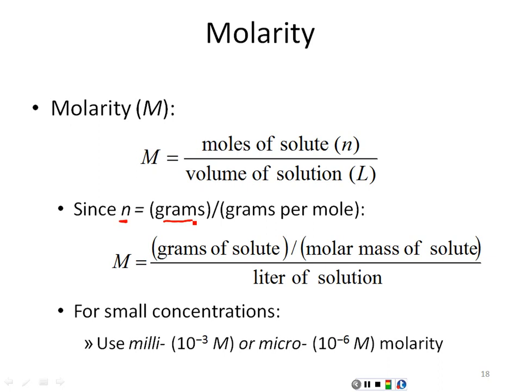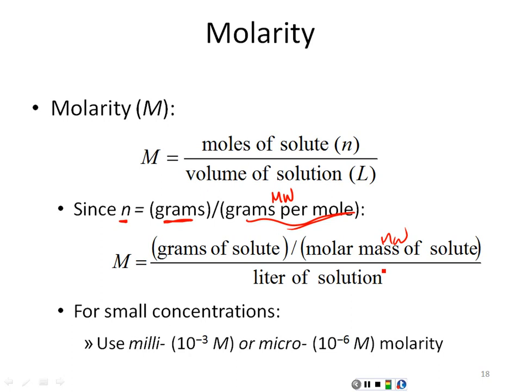Well, you take the mass of what you're trying to find, your solute, and you divide that by the molecular weight, grams per mole. So then our equation for molarity becomes your grams of solute divided by its molecular mass, molecular weight, and that quantity divided by the liters of solution you have.